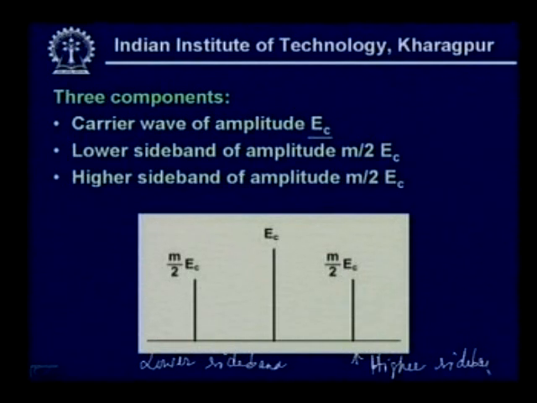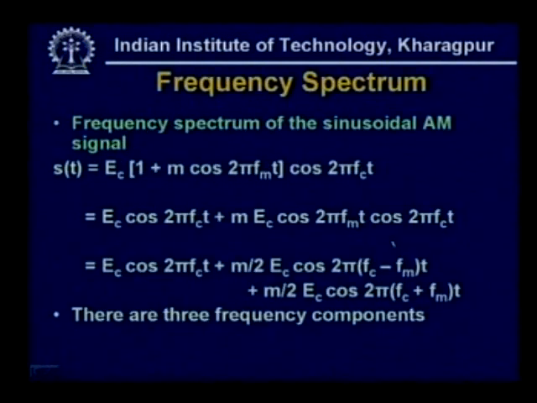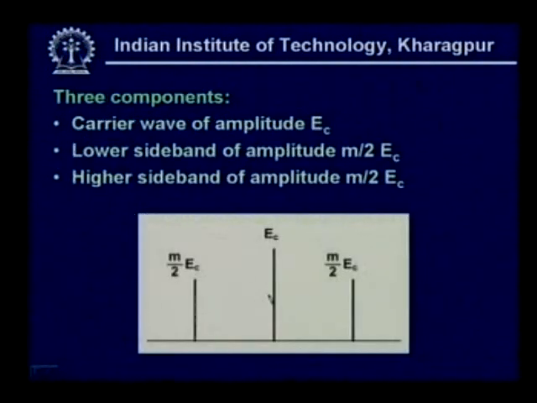So, this higher sideband has an amplitude m by 2 Ec. So, we see m by 2 Ec, Ec and m by 2 Ec, these are the 3 signals having different amplitudes. So, Ec cos 2π fc t and m by 2 Ec cos 2π (fc minus fm) t, and so these are the 3 frequency components. Obviously, these amplitudes are dependent on m, since m, as you know, is the ratio of Em by Ec, essentially this will be equal to Em by 2 and this will also be equal to Em by 2.